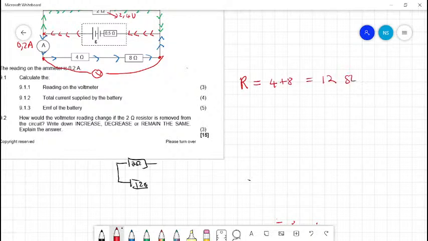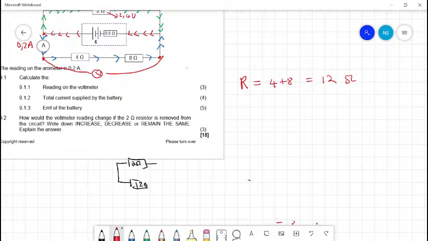And remember, the total resistance of the circuit, we got 1,4 something in the previous question when they were connected in parallel. But now when you remove the 2 ohm resistor, the total resistance of the circuit increases. So that's a note that you need to make.